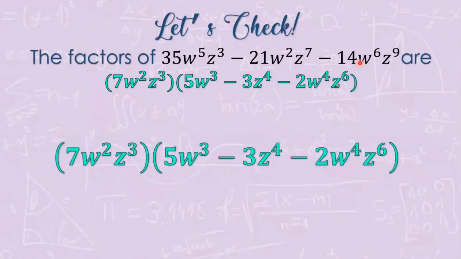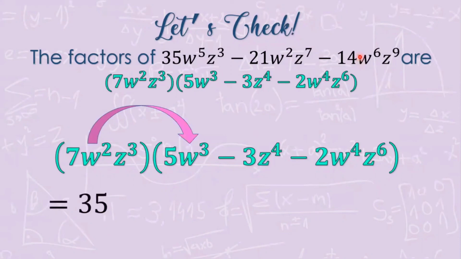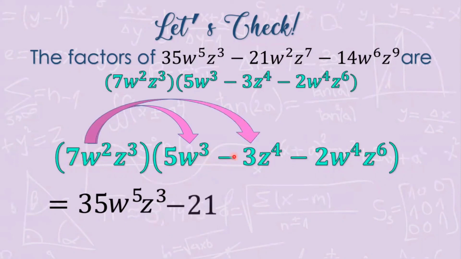So let us see. By distributive property, CMF multiply to the first term. So 7 times 5 is 35. W squared times W cubed is W to the fifth. Z cubed times 1 is Z cubed. So, parang bring down lang siya. Then, 7 times negative 3 is negative 21. So, since walang W dito, parang bring down lang siya.